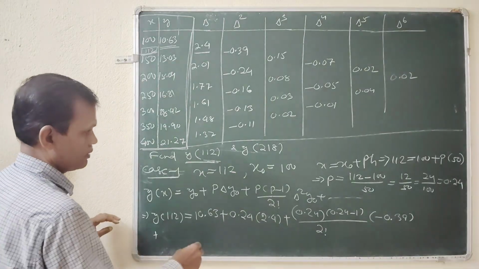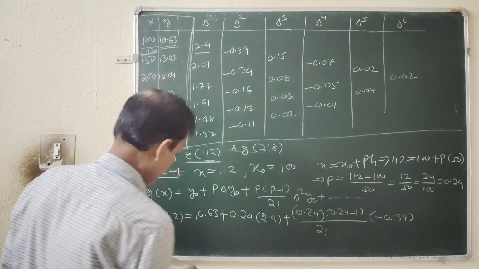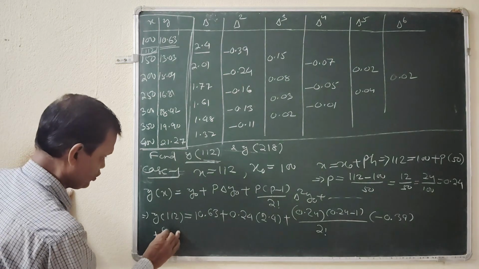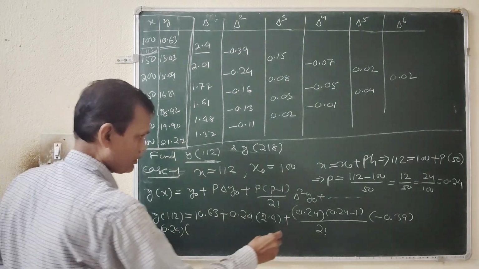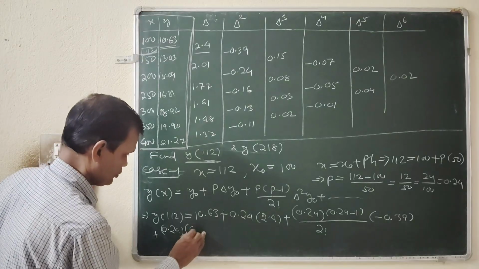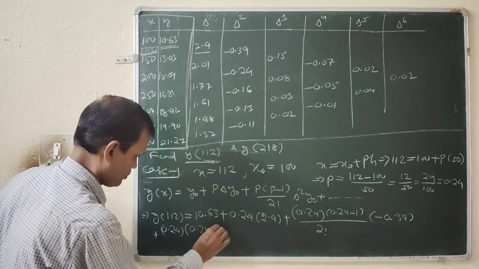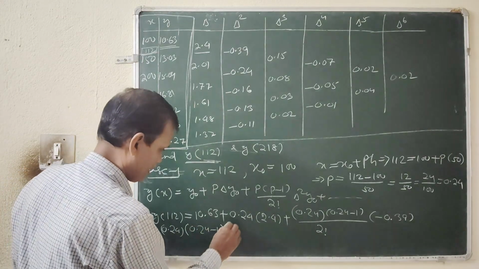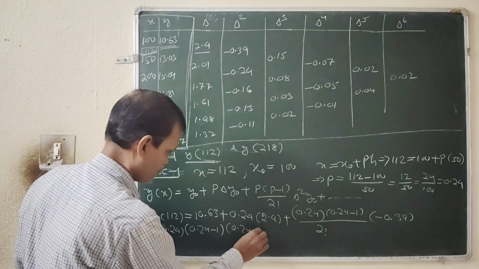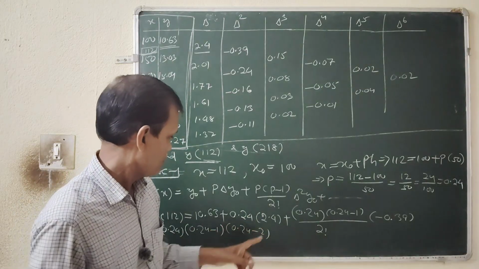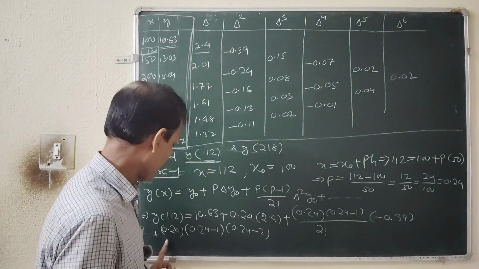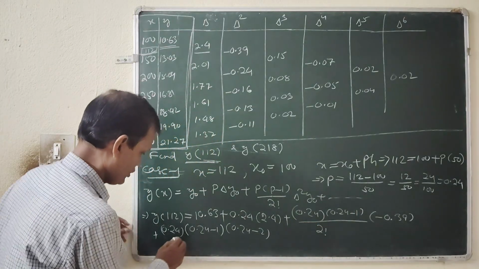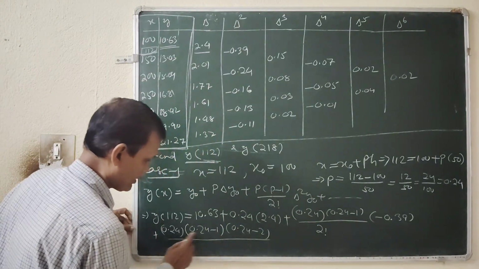Then again we proceed: p into (p minus 1) into (p minus 2) divided by 3 factorial, since there are 3 terms.